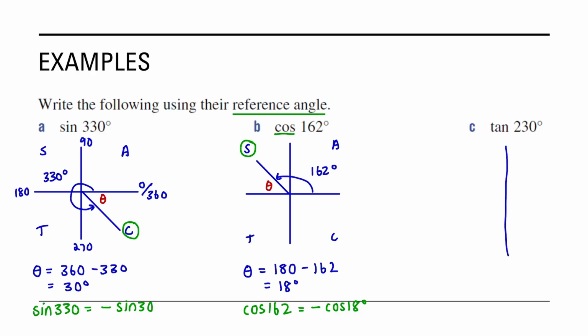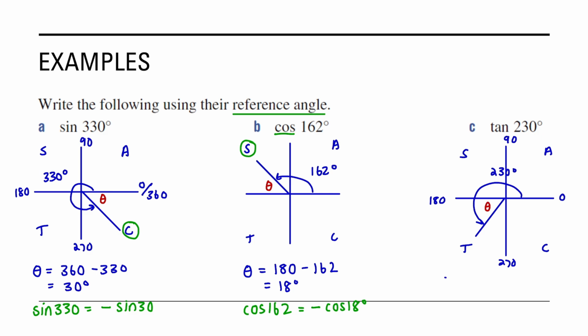Lastly, I have tan 230 degrees. Again, I start 0, 90, 180, and 270. So my angle is somewhere here. I've got 230 degrees, but I'm looking for the angle made with the horizontal line.